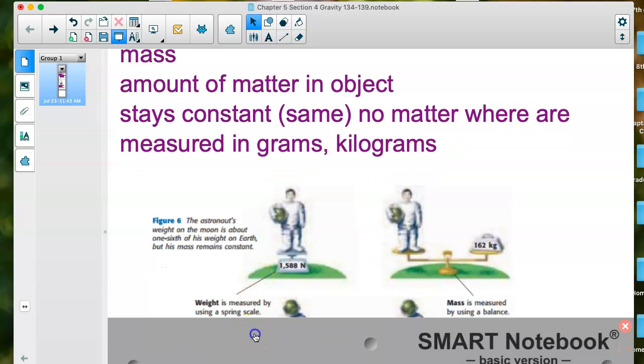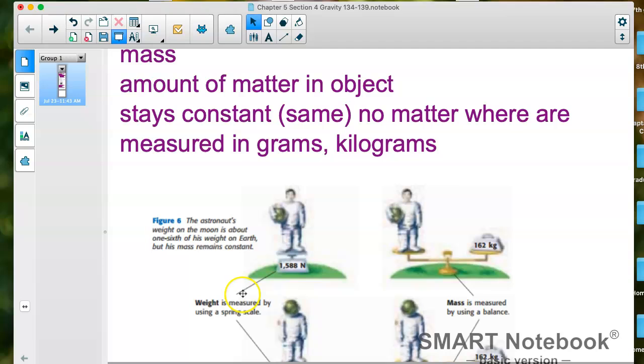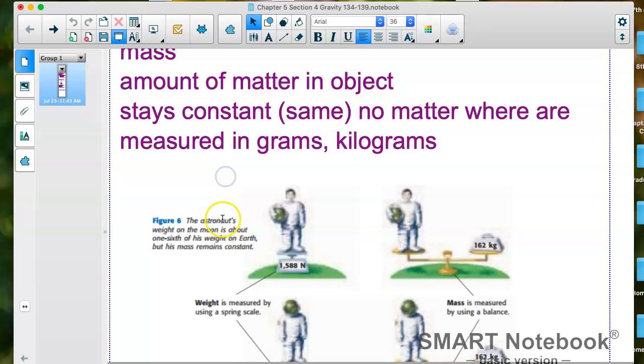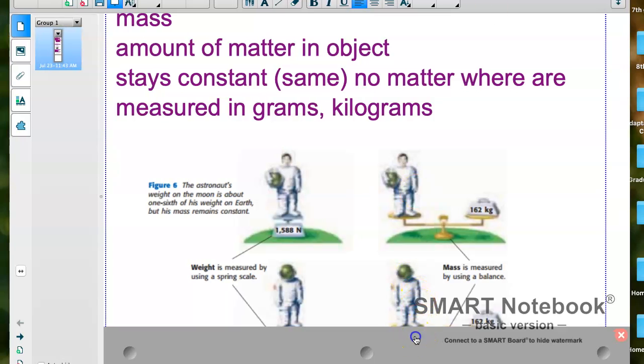So another simple example, which your book kind of explained here, is the astronaut. If you look here, he's 1,588 newtons. Let me just move this for you so you can see it a little bit better. There we go.